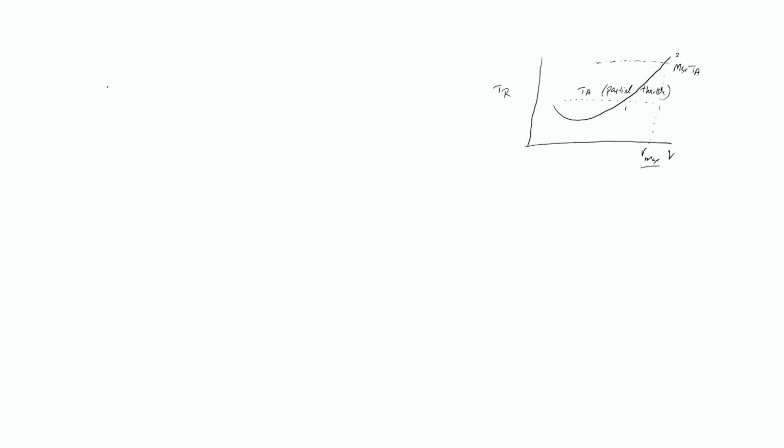Let me write it down here: intersection of the thrust required curve and maximum thrust available curve defines the maximum velocity of the aircraft at a given altitude.